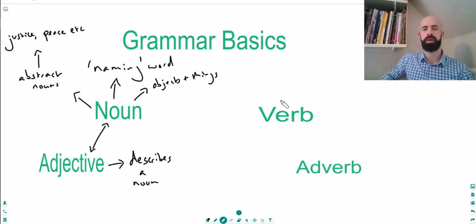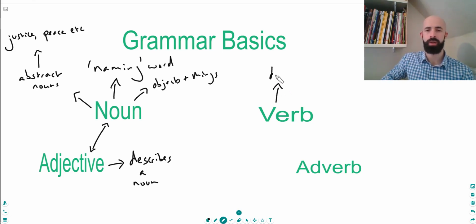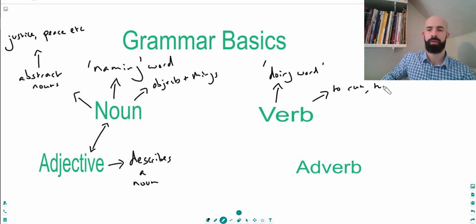Okay, so next up on the right hand side here we have the verb. Okay, so the verb is another absolutely fundamental word form in our language. And the verb is commonly described as a doing word, a word of action. So things like to run, to study, play, to drink, to eat. All of these things are verbs because they're describing an action.